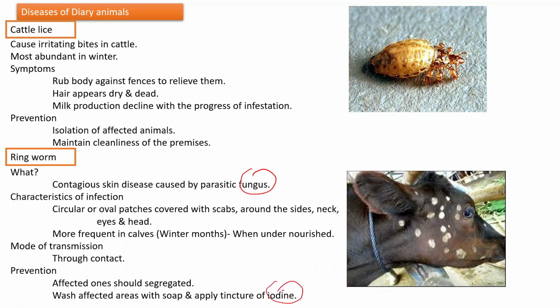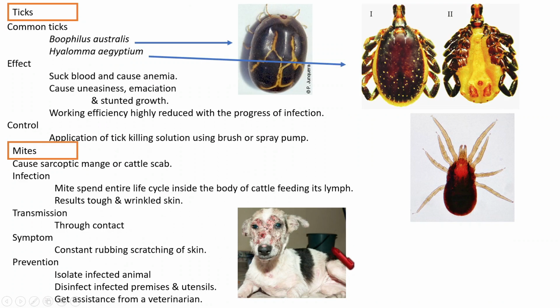We need to apply iodine. So that's the preventive measure. So that is ringworm. When the name comes to your mind, this picture should come. You need to remember the scabs and patches we can see on the face, near the eyes.